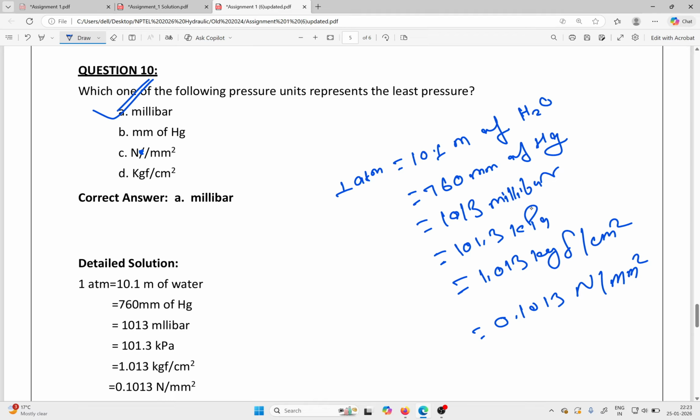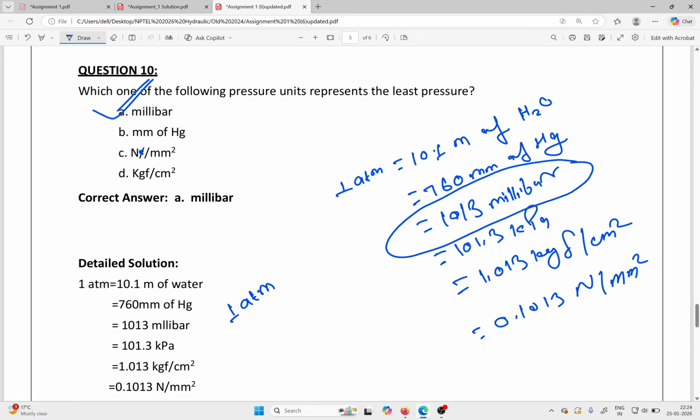So which is the minimum? Here millibar is your minimum. The minimum means, for writing one atmosphere, you have to write more times.